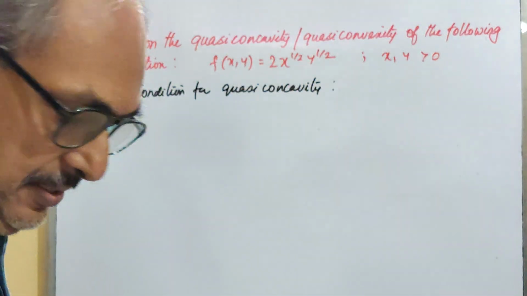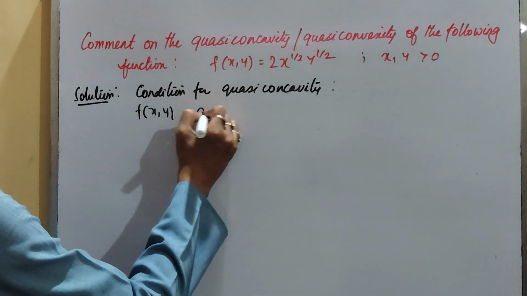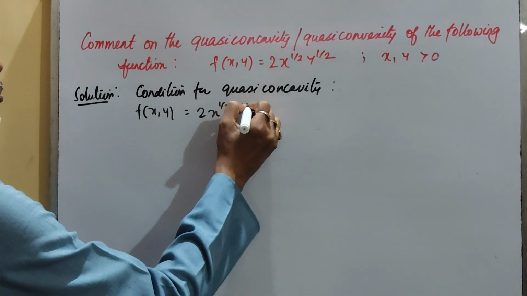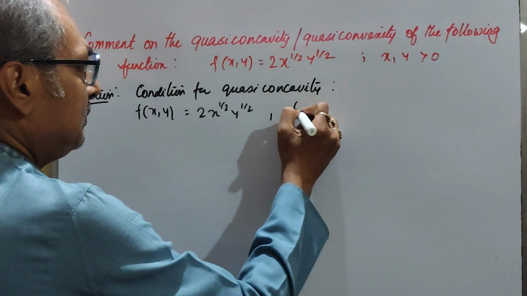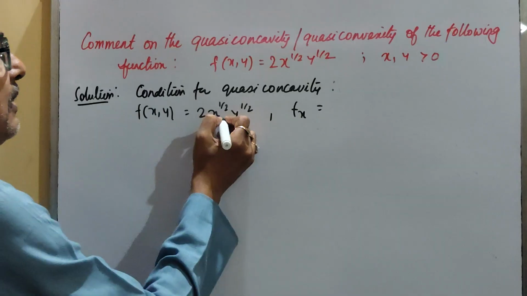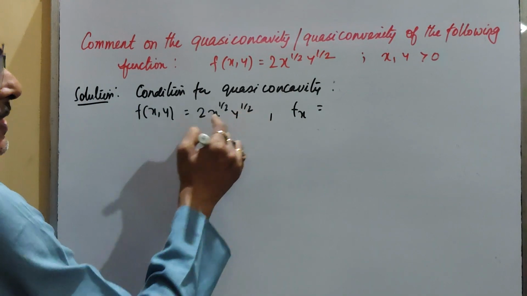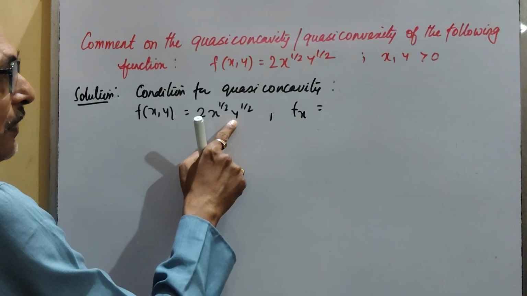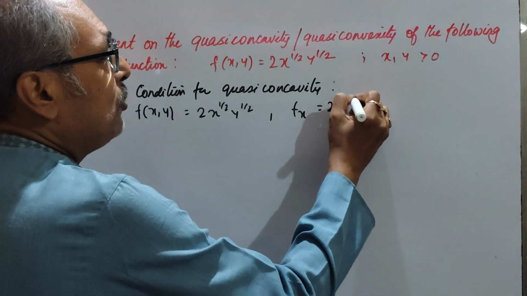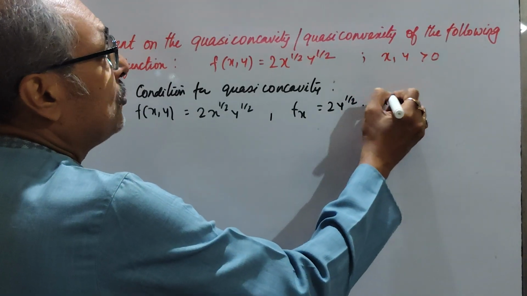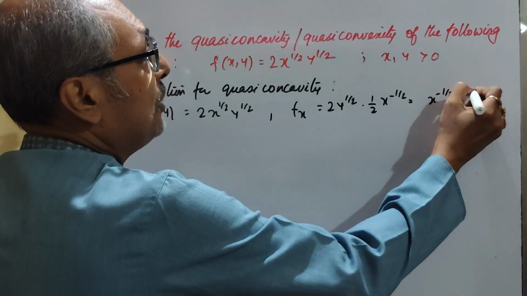Now the function is f(x, y) = 2x^(1/2) y^(1/2). Therefore fx is what? We are differentiating this function partially with respect to x, keeping y constant. 2y to the power half, then this half x to the power minus half. This is x to the power minus half y to the power half.